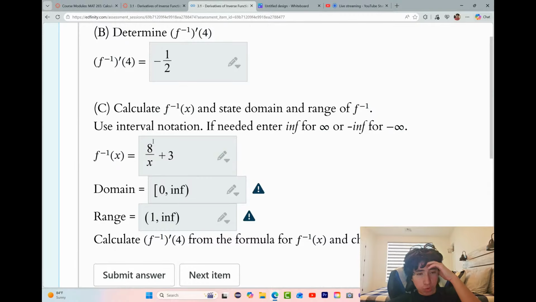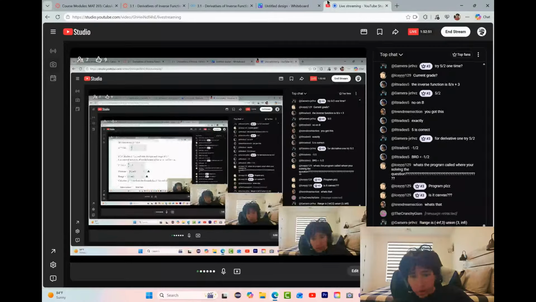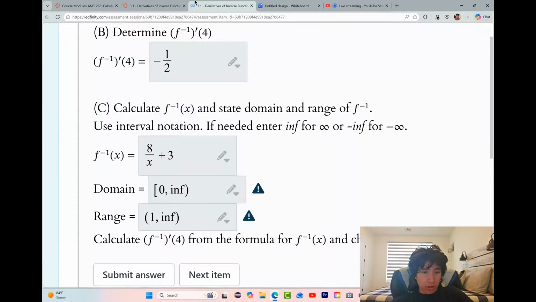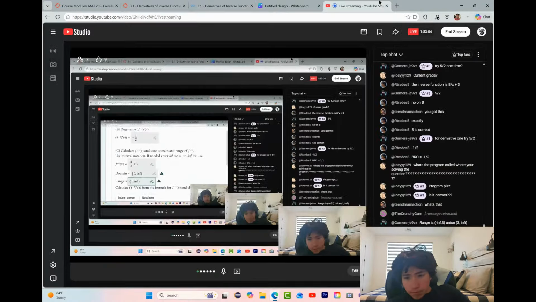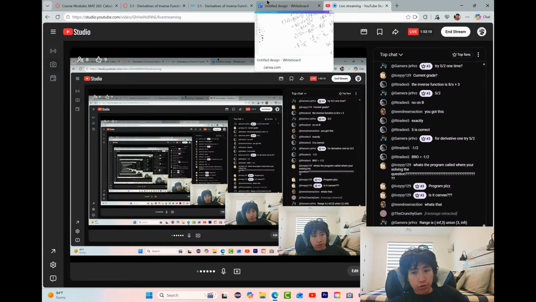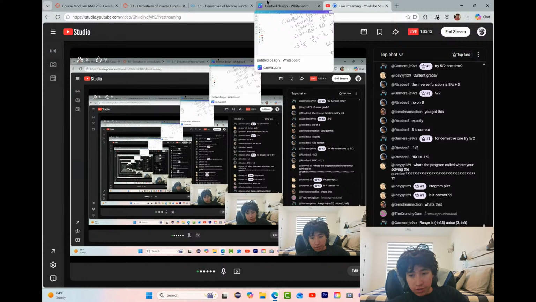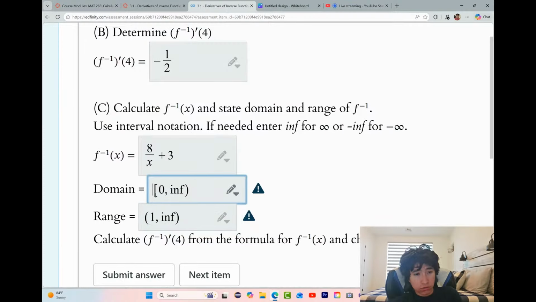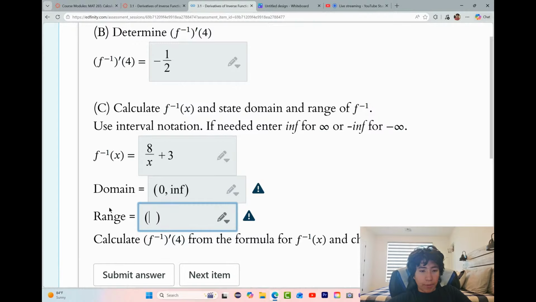So you can't do 3. A over 3 plus 3. Range. Oh, hold on. We're looking at range right now. Oh well, I mean, yeah, it makes sense. 3. Negative infinity to 3 and 3 all the way to infinity. Not square brackets, no. Here. Let me put that. Okay.